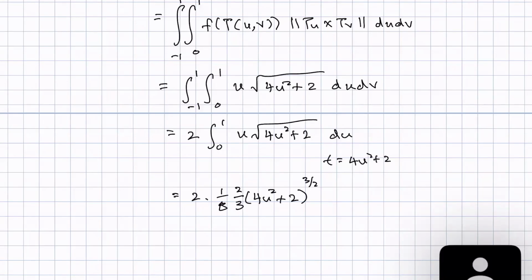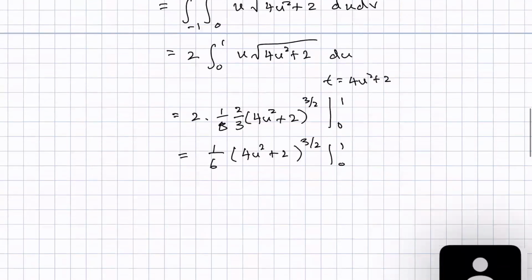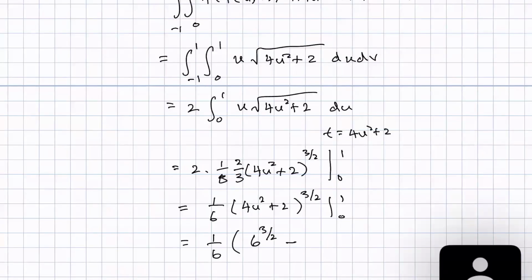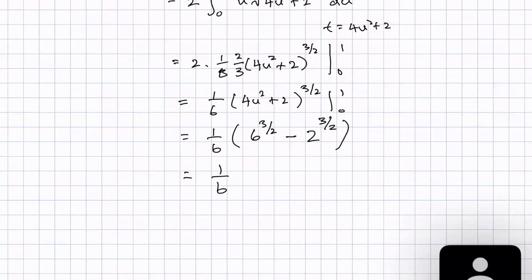So I can just write that down. 2 times 1/8 times 2/3 is 1/6, times 4u squared plus 2 to the 3/2, from 0 to 1. So this becomes 1/6 times 6 to the 3/2. When I stick in the 0, I get 2 to the 3/2. And if you wish, you can write this as 1/6 of (6 root 6 minus 2 root 2). And that's it for that problem.